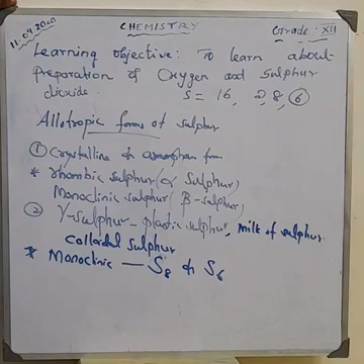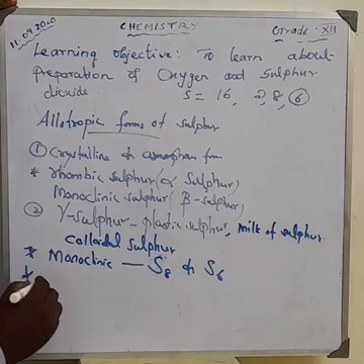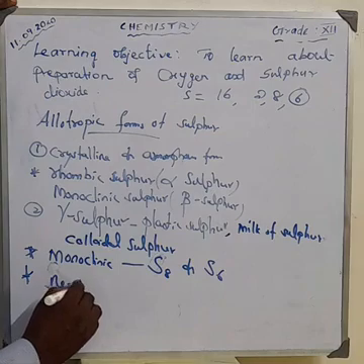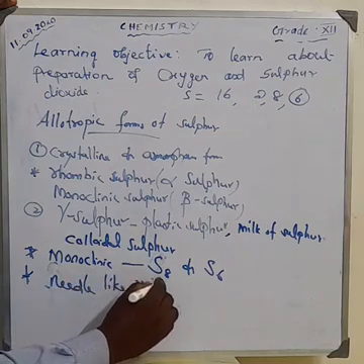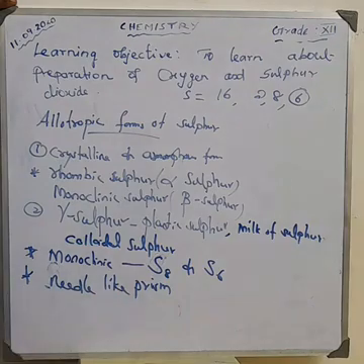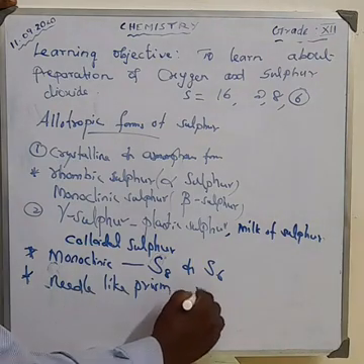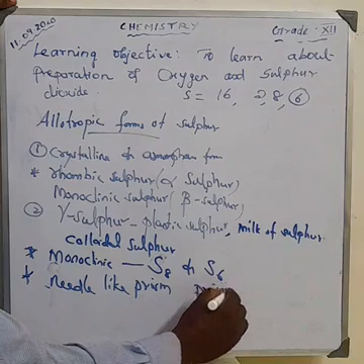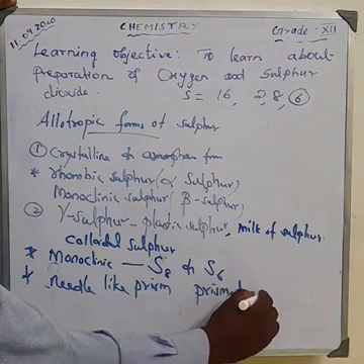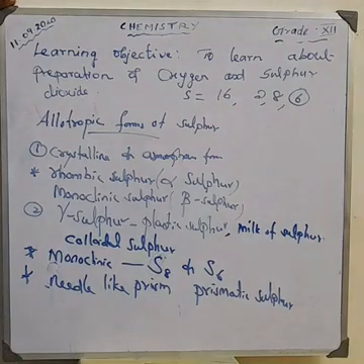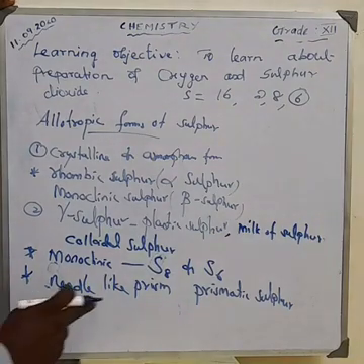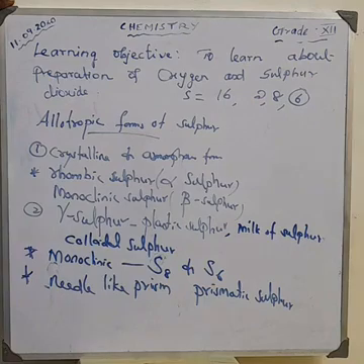Okay, and it also exists as long needle-like prisms. Needle-like prism, so it is called prismatic sulfur.